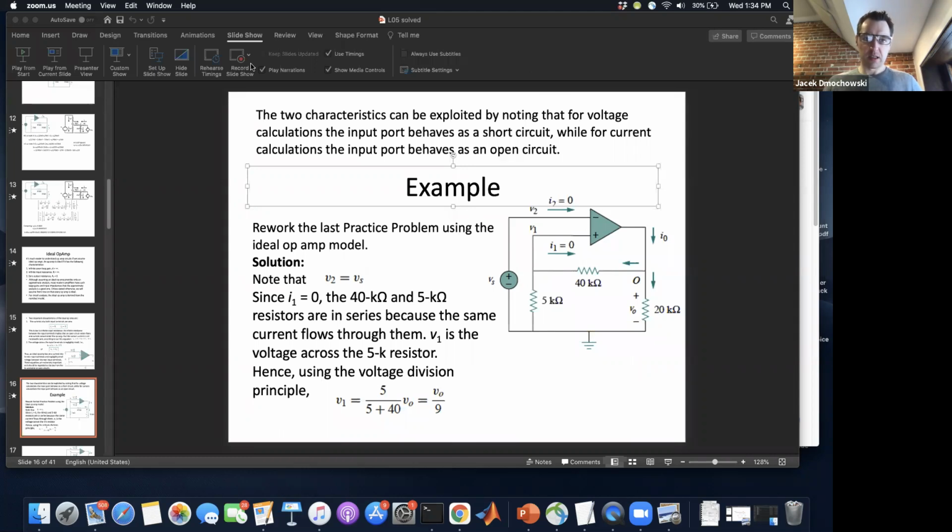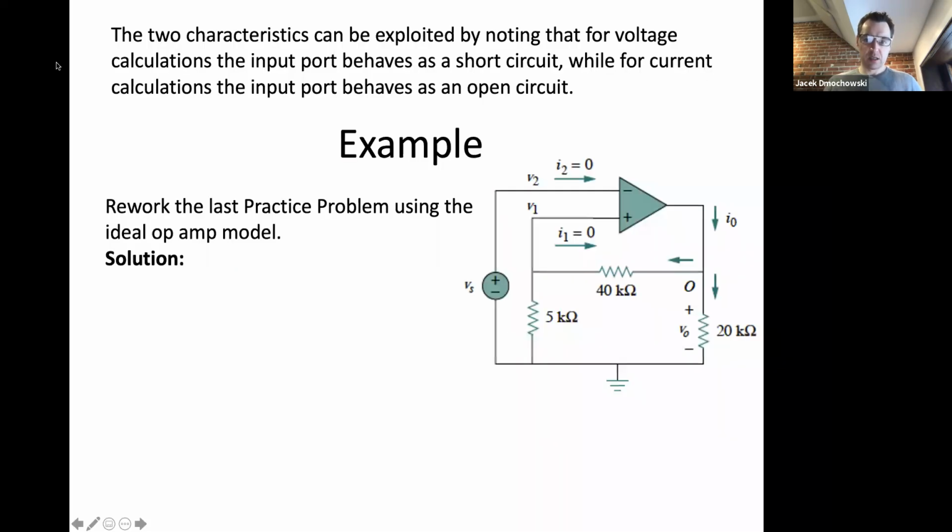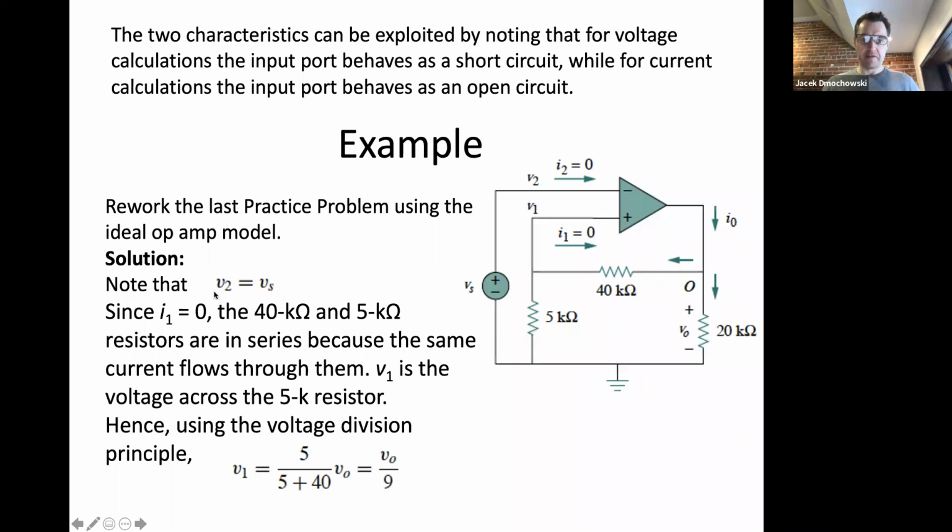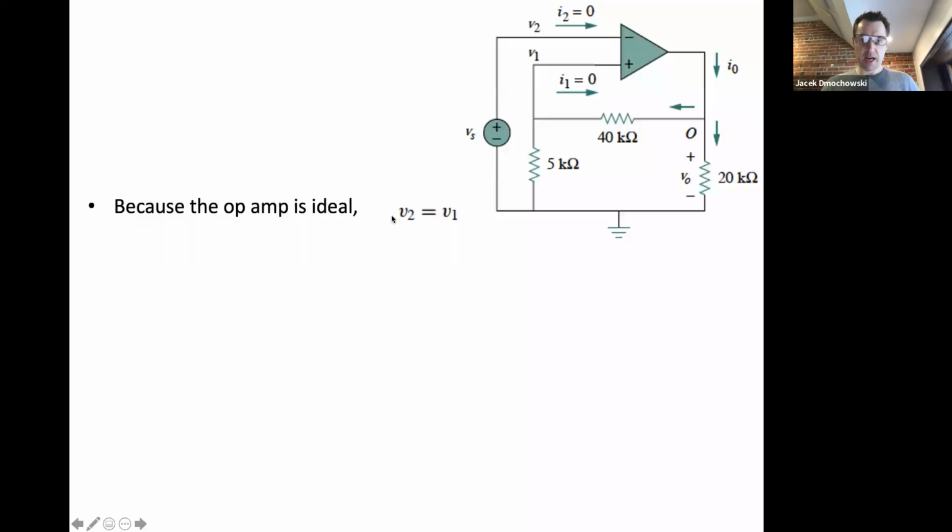Okay, so we've defined that V2 is sitting at Vs, and that V1 is equal to V naught over 9. But we also know that V2 is equal to V1, again part of the ideal op-amp assumption: because there's an infinite impedance at the input side of the op-amp, no current flows between the terminals.